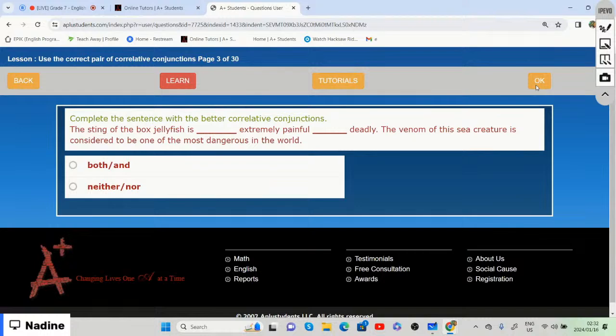The sting of the box jellyfish is... do we say both extremely painful and deadly, or do we say neither extremely painful nor deadly?